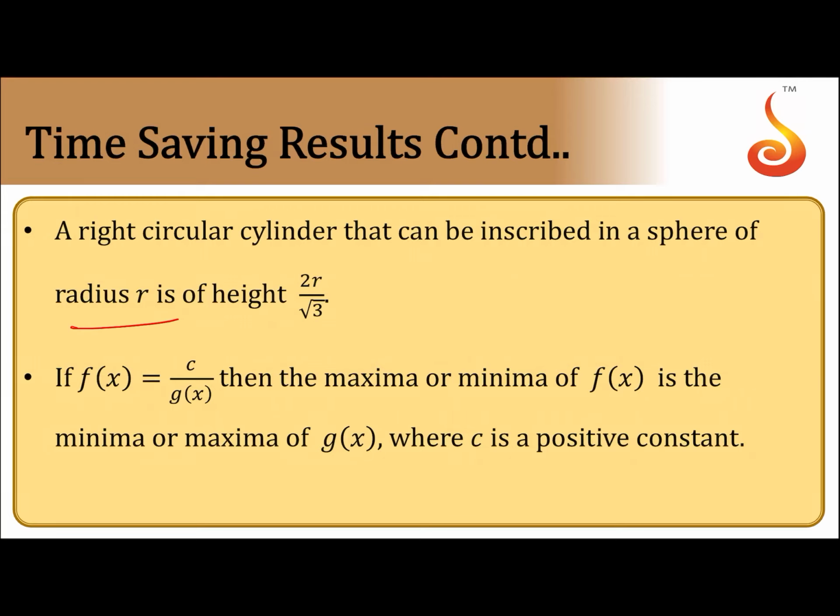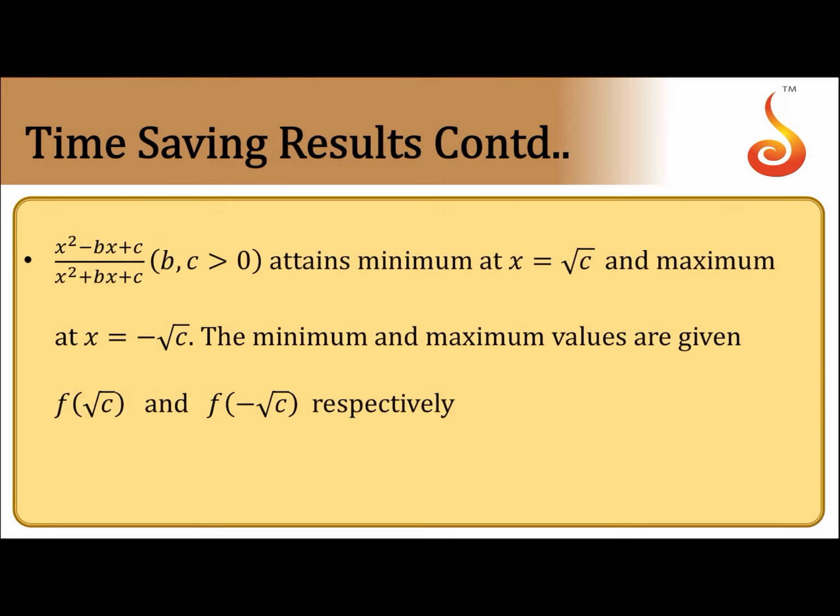A right circular cylinder that can be inscribed in a sphere of radius r has maximum volume when its height is equal to 2r by root 3. The function attains its minimum value at x equals root c and its maximum value at x equals minus root c. The minimum and maximum values are given by f of root c and f of minus root c.